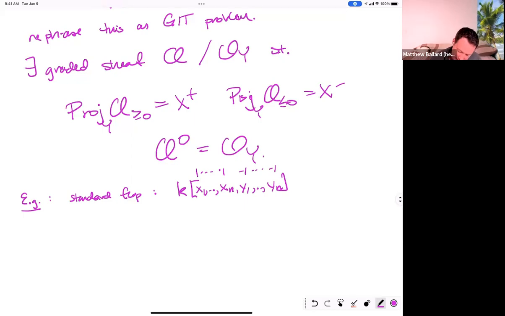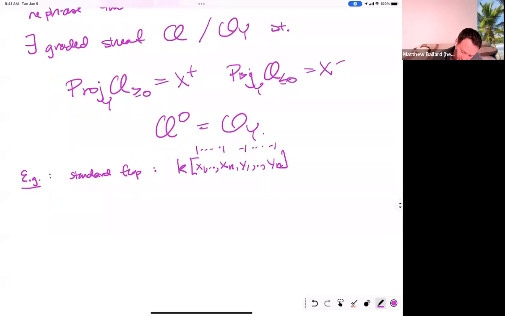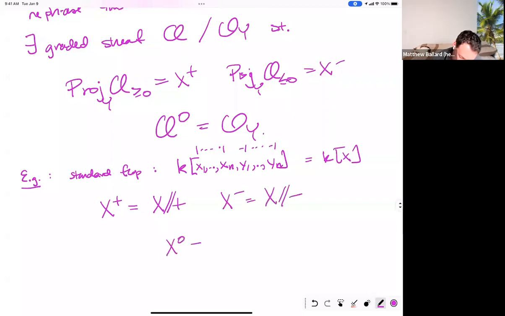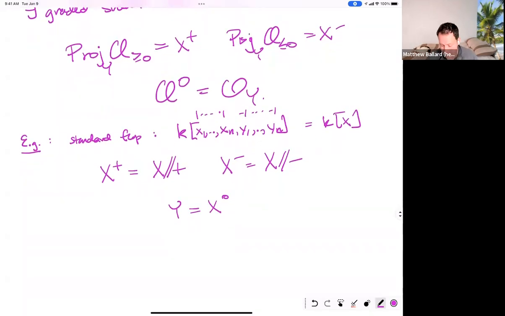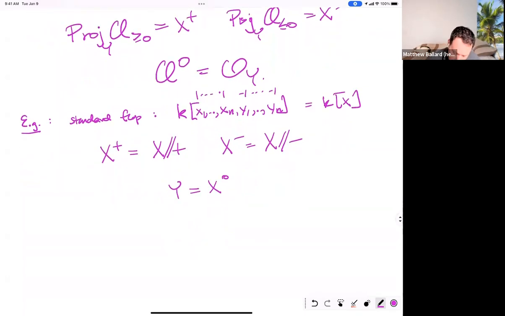Then X plus is going to be X mod-mod plus, X minus is going to be X mod-mod minus, and X0 is going to be Y. So it's about one of the simplest invariant theory examples you can dream up. And for standard flips, you just let the two numbers of variables be non-equal.